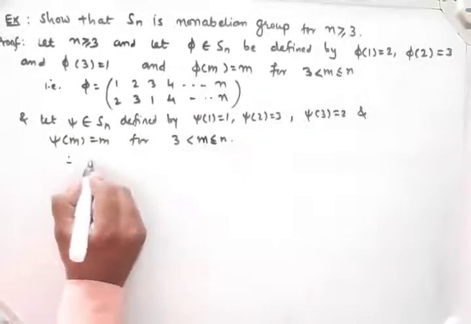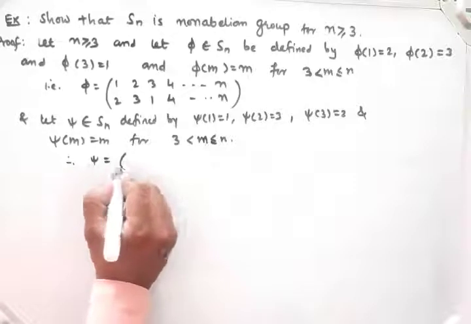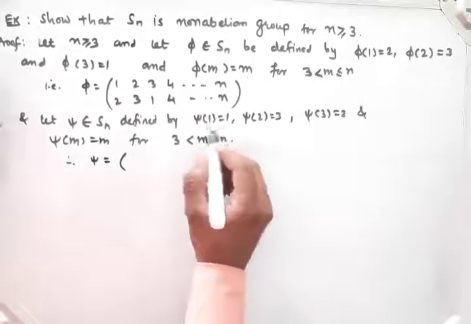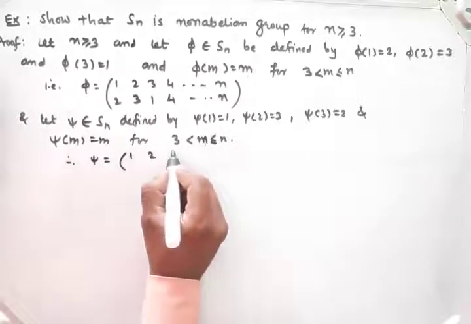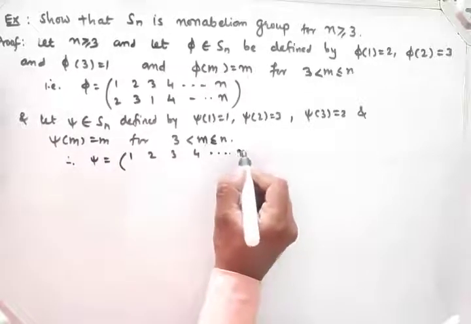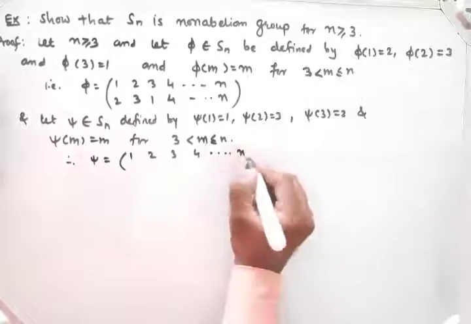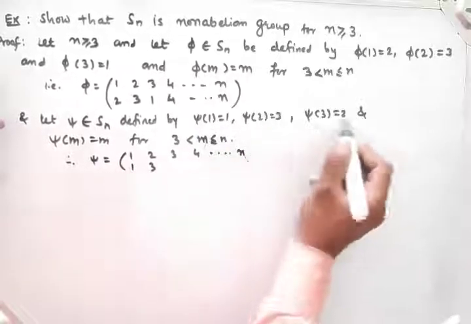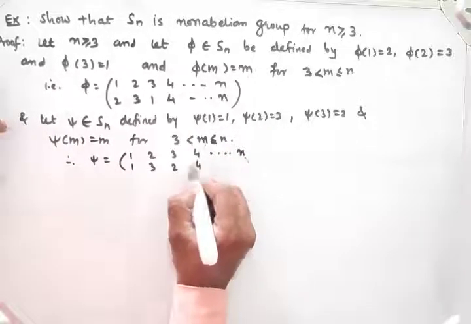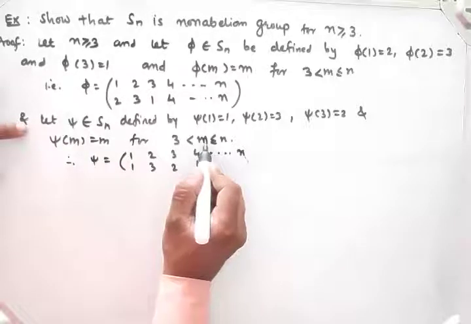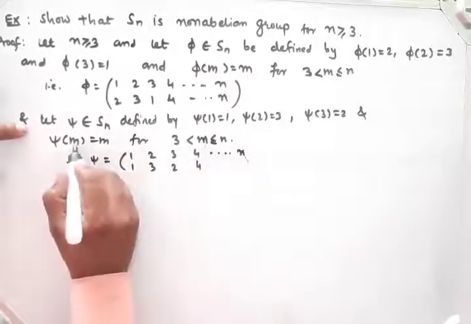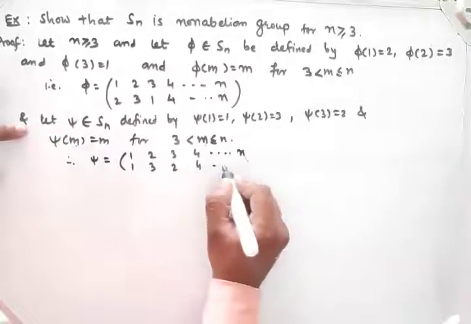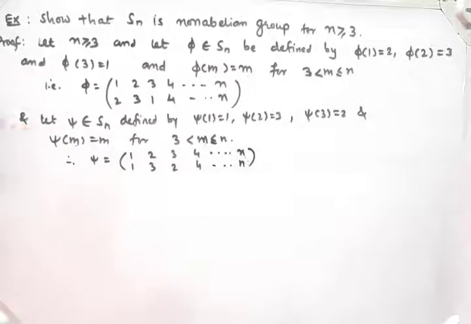So psi as a permutation on 1, 2, 3, 4 up to n: 1 has value 1, 2 has value 3, 3 has value 2, and 4 goes to 4, because for m greater than 3, psi of m is equal to m. So 4 has value 4 and so on, n has value n.